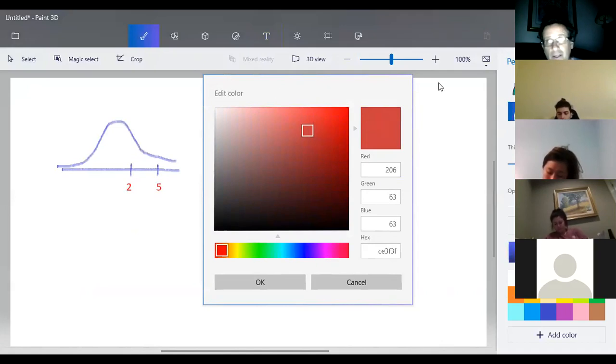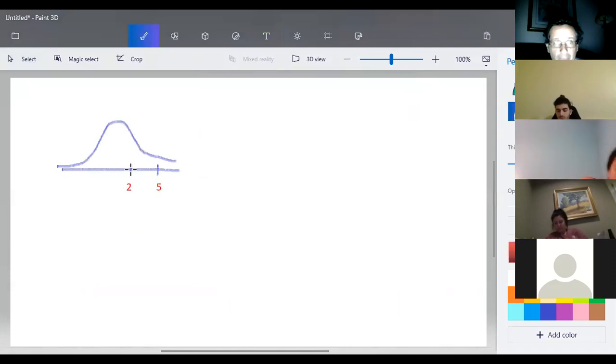The area between 2 and 5 under this curve is the probability of landing between 2 and 5.